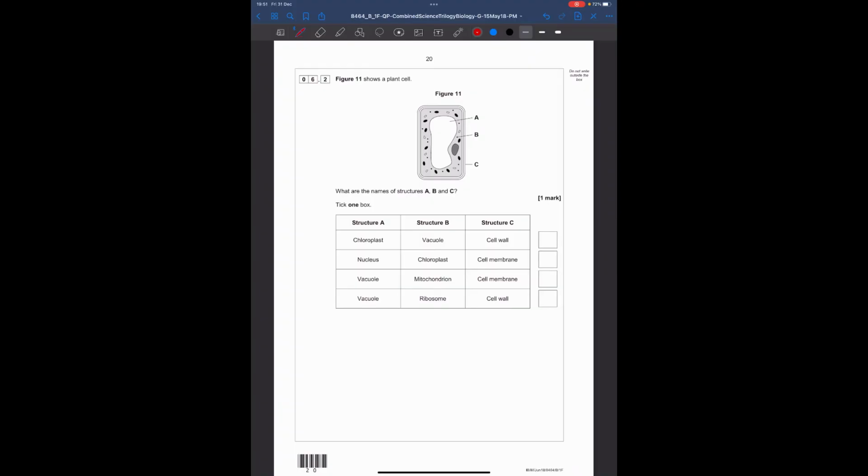Well, if we label these to begin with, A is the vacuole, B is a small dot, which is the ribosome, and then part C, we're pointing to the outer part, so that would make it the cell wall. So you just need to then look at the table and which row gives you that option. Well, it's the bottom one. So vacuole, ribosome, cell wall for 1 mark.